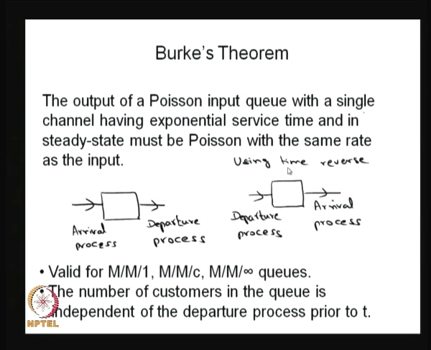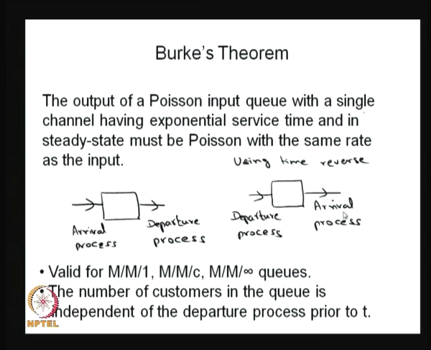Therefore, using the time reverse you can conclude that the departure process, when reversed, is going to be independent of the arrival process, and this is also going to be a Poisson process. So, using the time reverse concept, one can prove the departure process is independent of the arrival process, and the departure process is also a Poisson process with the same rate as the arrival rate.